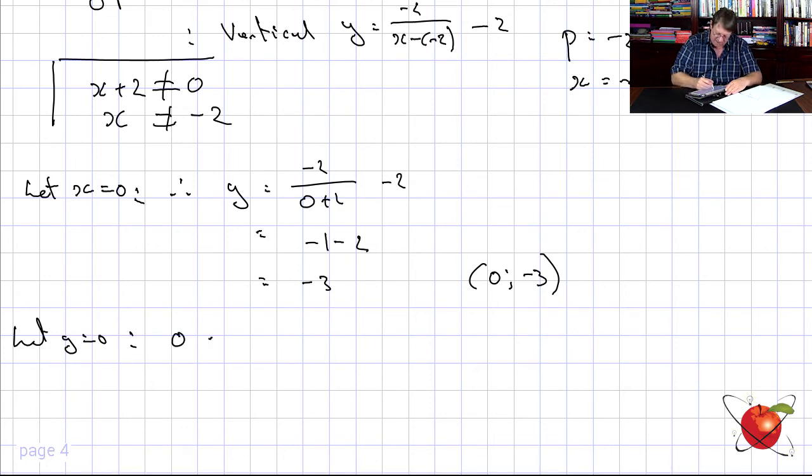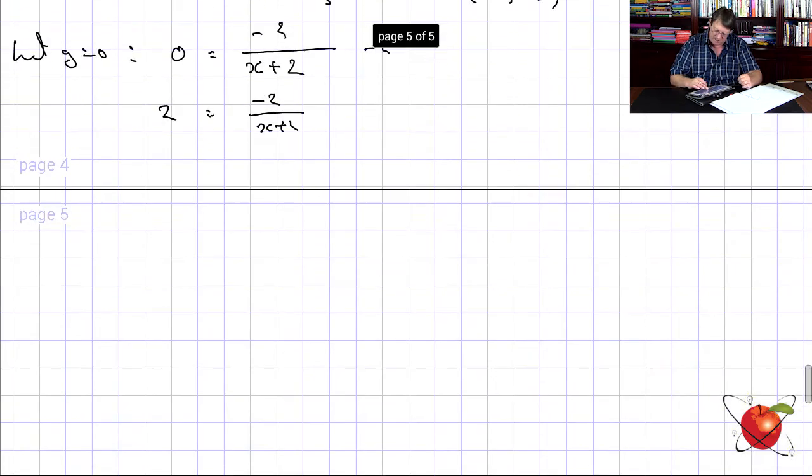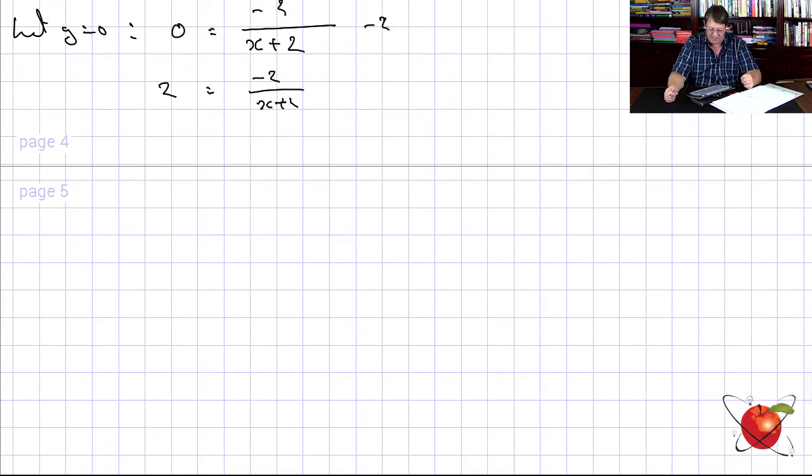Okay? We said y equals 0. So therefore I say 0 is equal to minus 2 over x plus 2 minus 2. How do I solve this? Basically, you do it the same every time. The 2 goes over and you say 2 is equal to minus 2 over x plus 2. The next step, okay, I just want to roll it down a slight bit here. Okay, you can see it there.